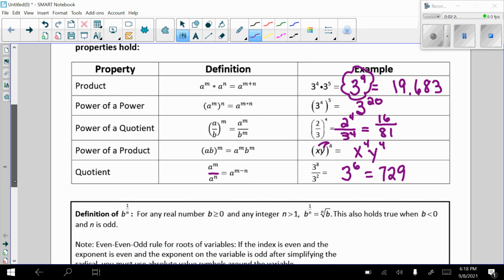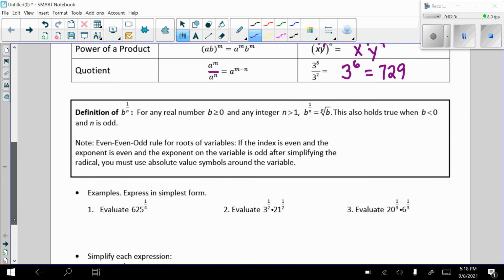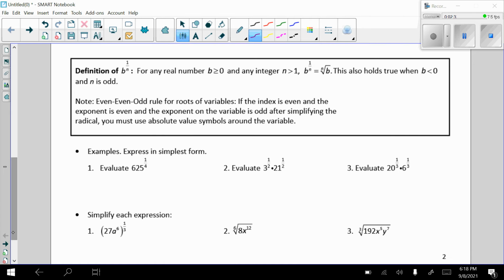Okay, so let's move on a little bit. That should have all been old news. So now what we want to do is talk about taking some values and simplifying them. And again, this goes back to what you did last year in Algebra 2, but it also goes back to some of the memorization you did this summer.